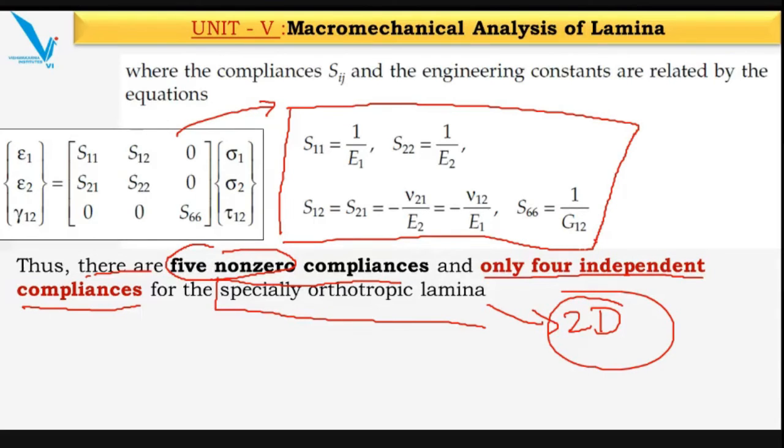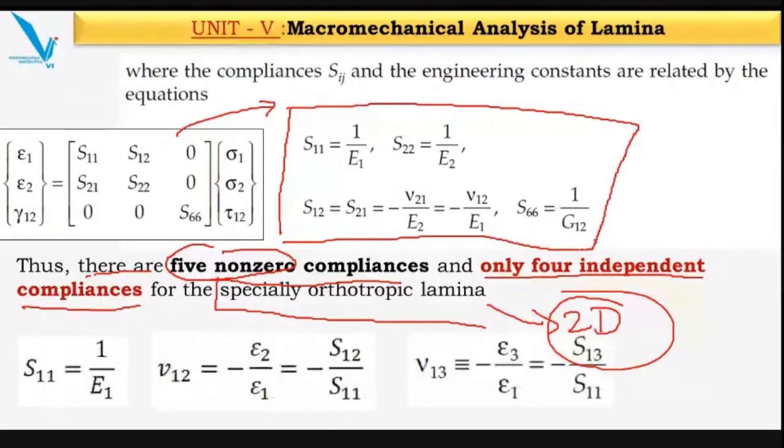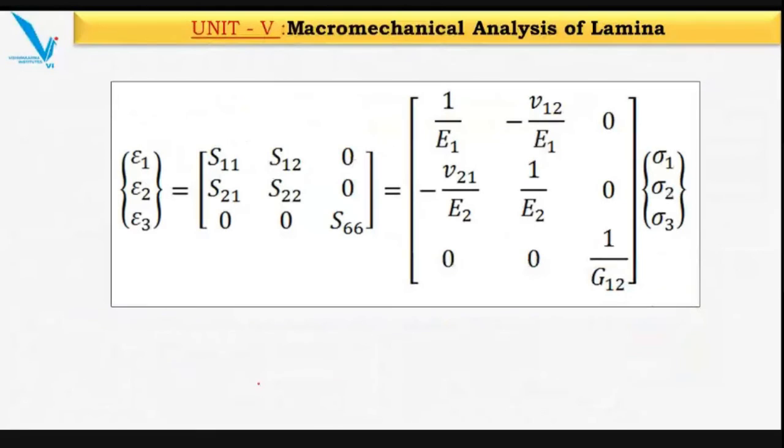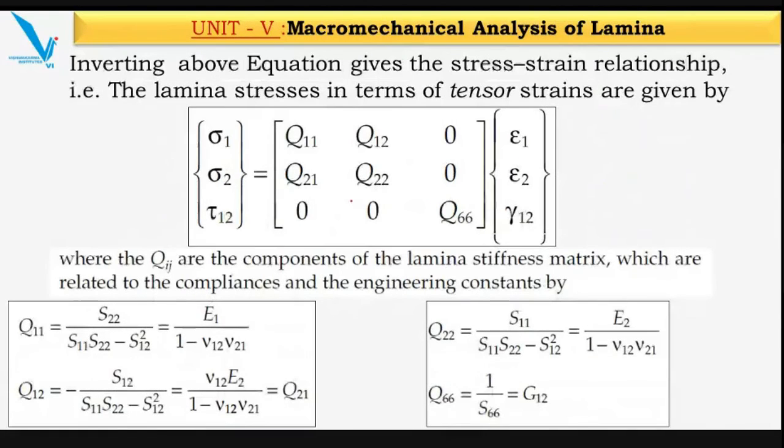Now you will see if you write this as a stress-strain relation. Again, these values I have written here for your ready reference. This matrix is written again, by putting the values of the coefficients here. Now, if you want to write the stress-strain relation, invert this S matrix.